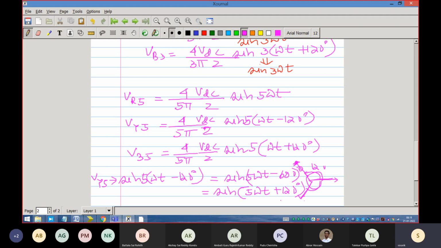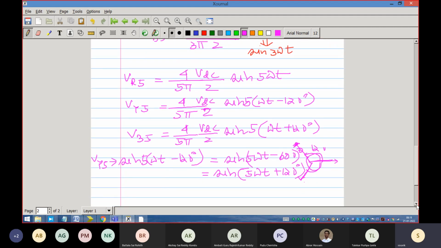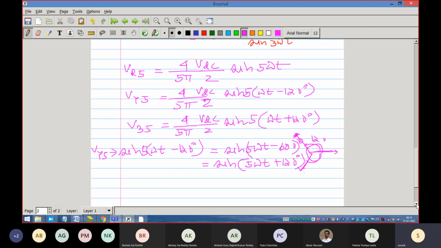So you see a change is happening. Change in what? It is changing the phase sequence. Normally our convention is that Y phase will lag the R phase by 120 degree, which has happened in case of the fundamental component of the waveform. Our switching strategy was like that. Whatever I am doing to R phase, we are switching Y phase after 120 degree.